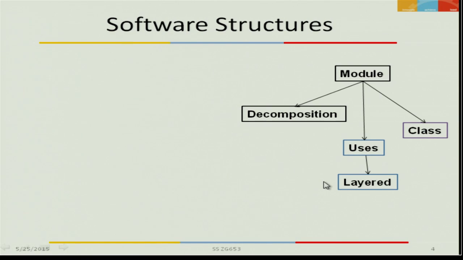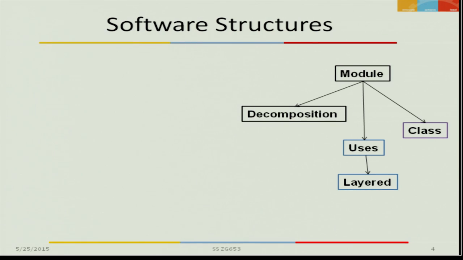So let us look at these structures in detail. We'll start with the module structure. The entities that we are going to deal with in this structure are the module and the class, and a module could be decomposed.